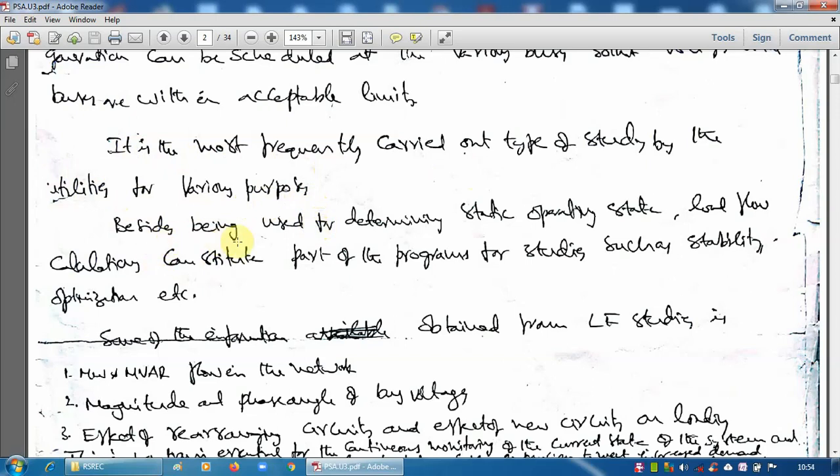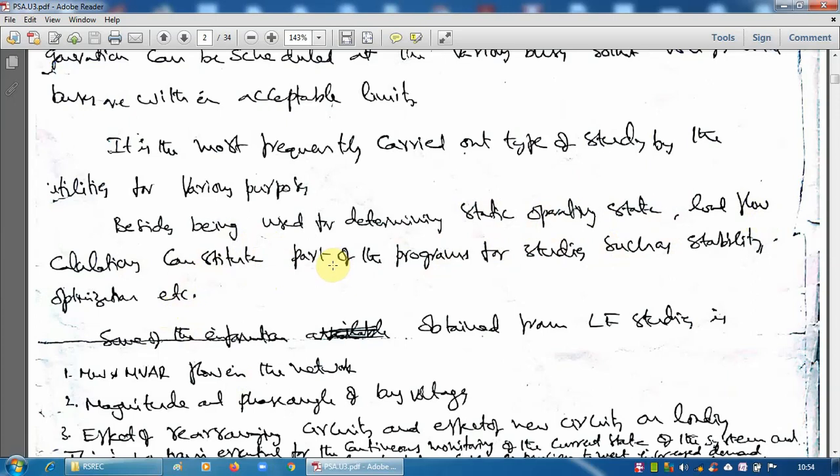You see here, besides being used for determining static operating state, load flow calculation constitutes part of the programs for studies such as stability, optimization, etc. What it means is, not only to determine static operating state, but these load flow studies also constitute a part.